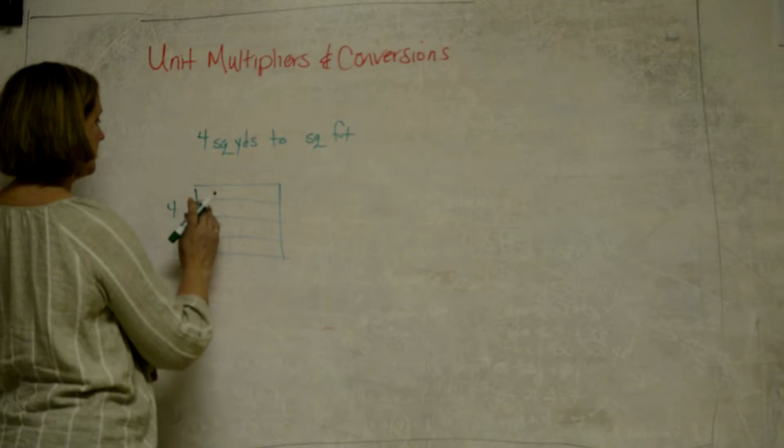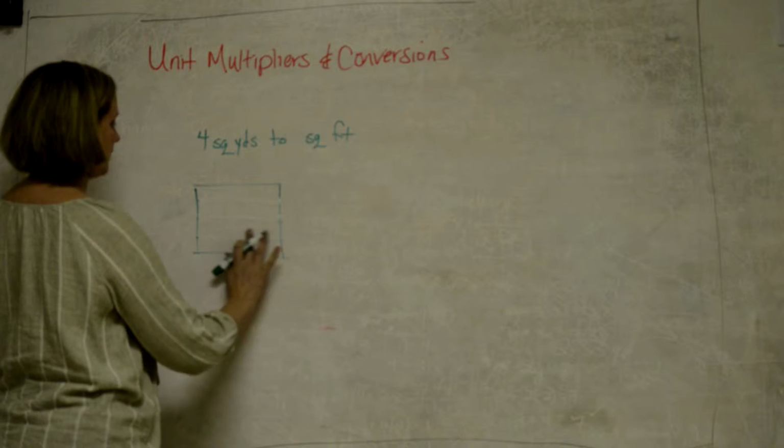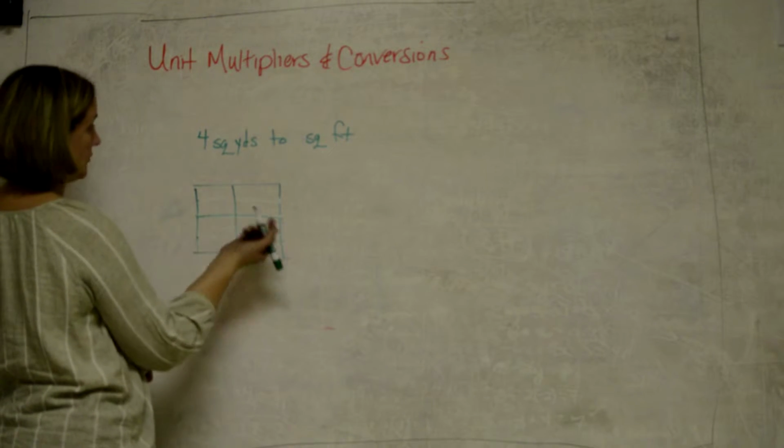So what I'm saying is, this is 4 square yards. We'll do 2 by 2, that's easier, because that will give us 4 square yards. Here we go. This is 4 square yards, right?